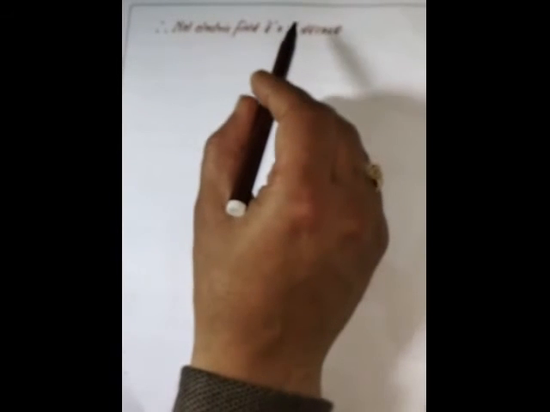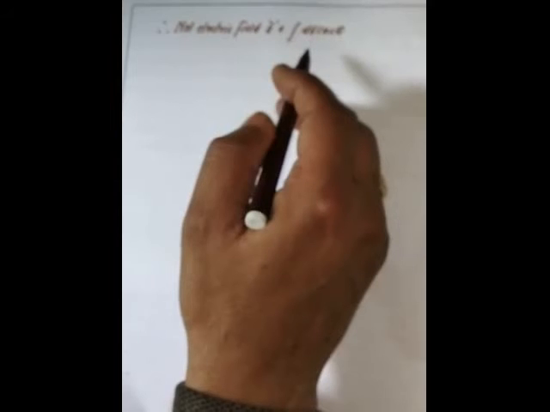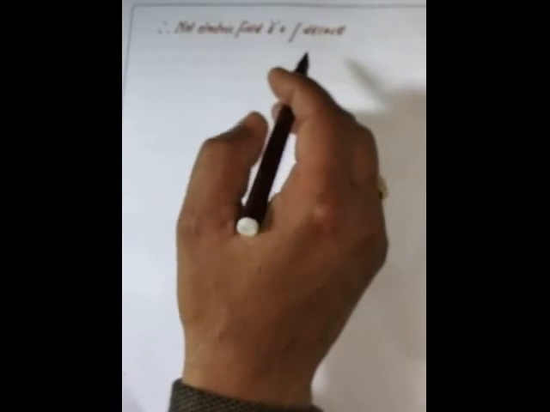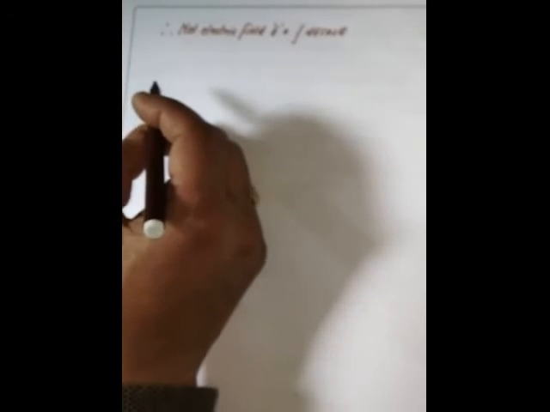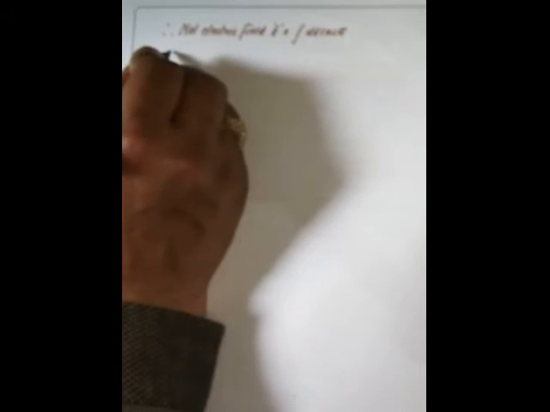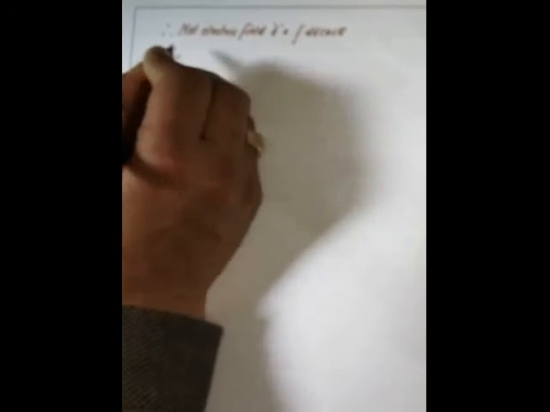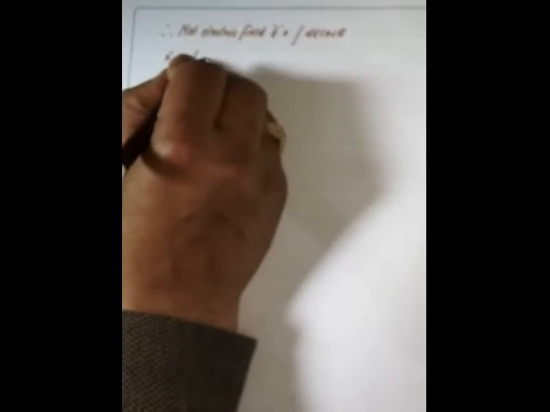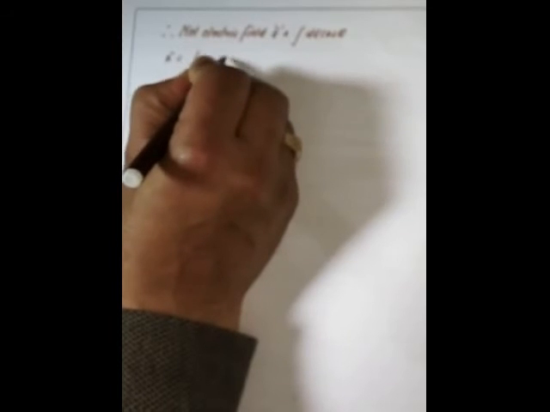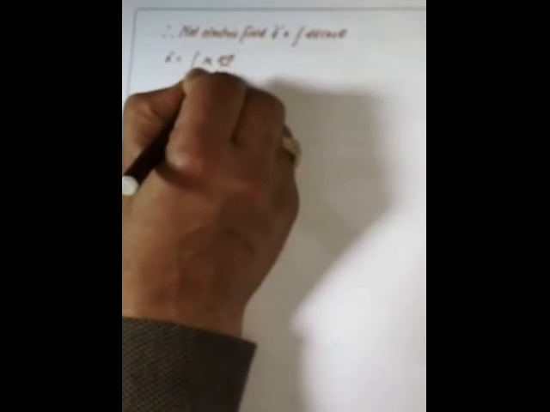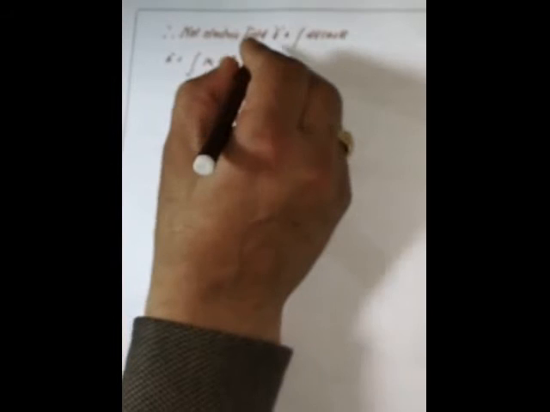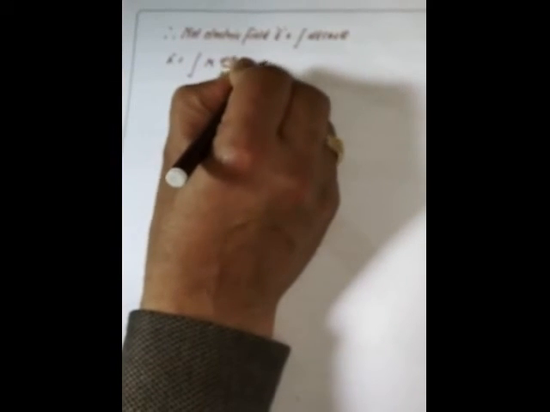Net electric field E equals integration of dE cos theta. Suppose the complete arc is of alpha angle, then electric field E equals integration, after that we can put the value, integration k dq upon r square cos theta.